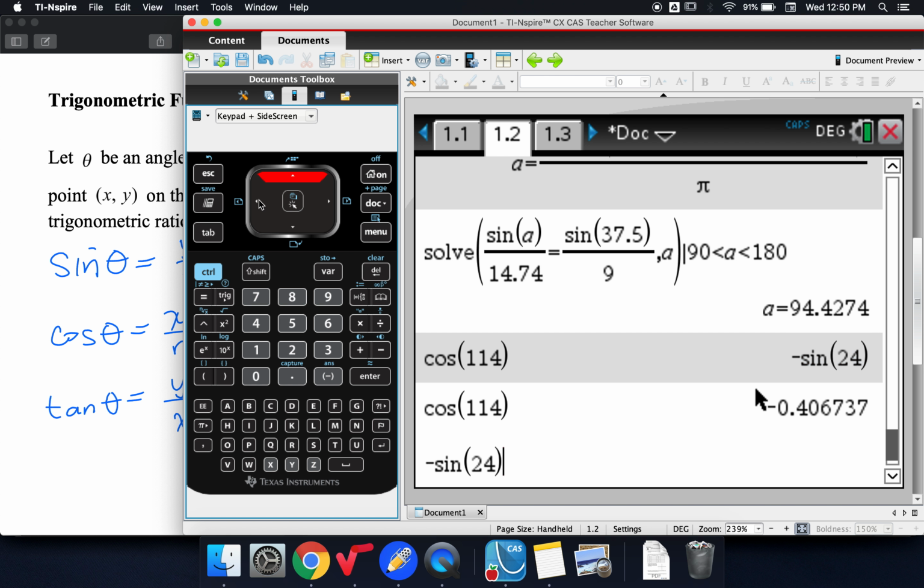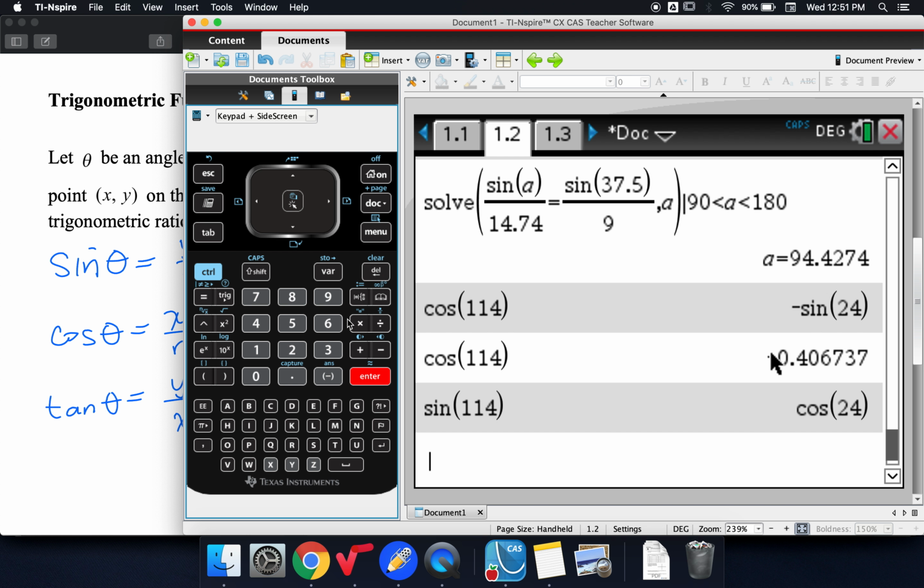So if we did sine of 114, I bet that your calculator, in exact mode, is going to tell me that it's the same as sine of 64. Remember, I just said the reference angle was 64. And now it tells me cosine of 24.